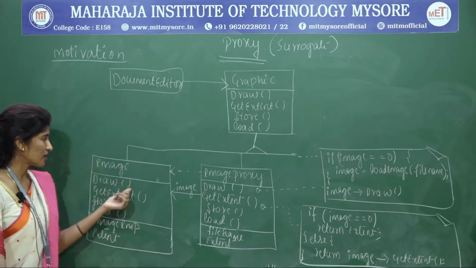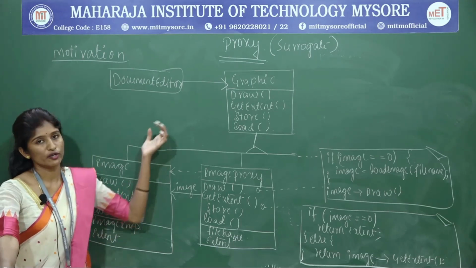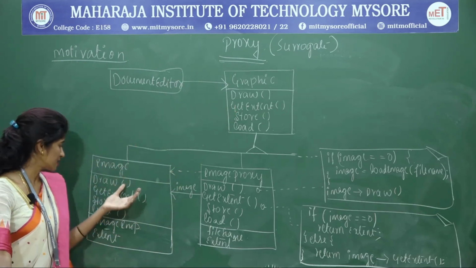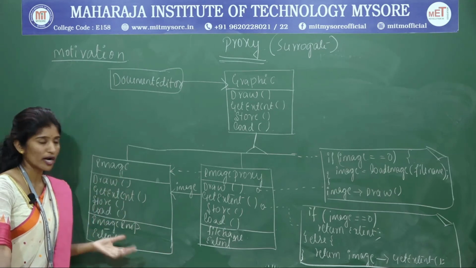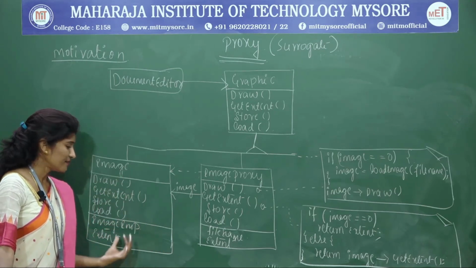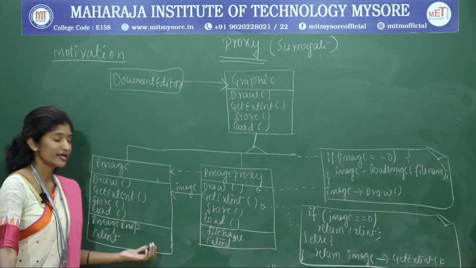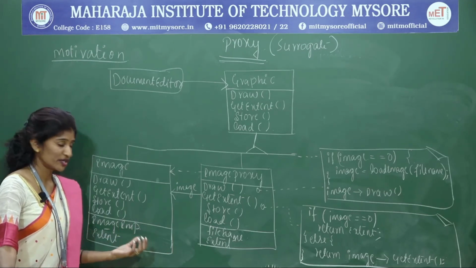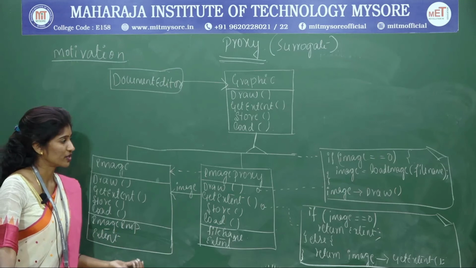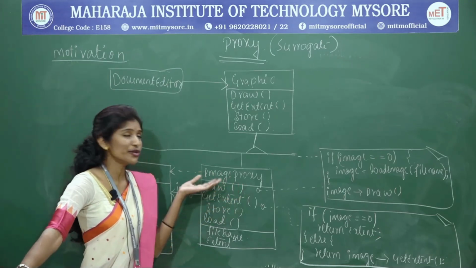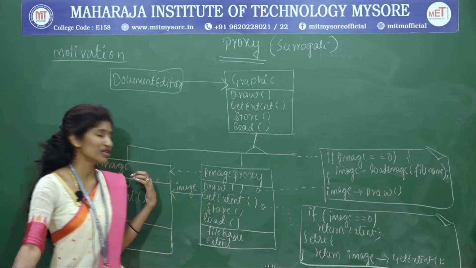Within that you have the same operations derived from the base class, the parent class, that is draw, get extend and so on. The particular attributes of this class will be the image implementation details and the extend operation. Okay, so here the image proxy is going to have a reference to the original.